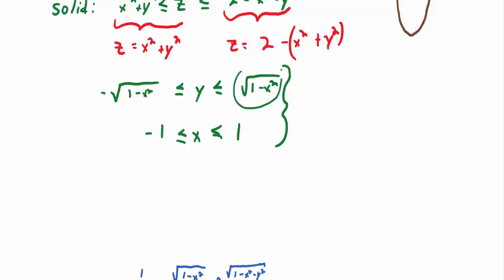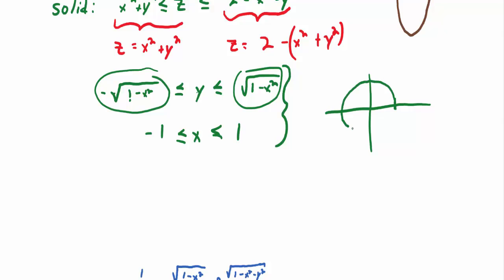You can tell from these equations, and the fact that y goes from the lower part of the circle to the upper part of the circle, and x goes from negative 1 to 1. This describes the entire circle then. I know these two inequalities describe the entire circle of radius 1. In standard form, it would be x squared plus y squared equals 1.